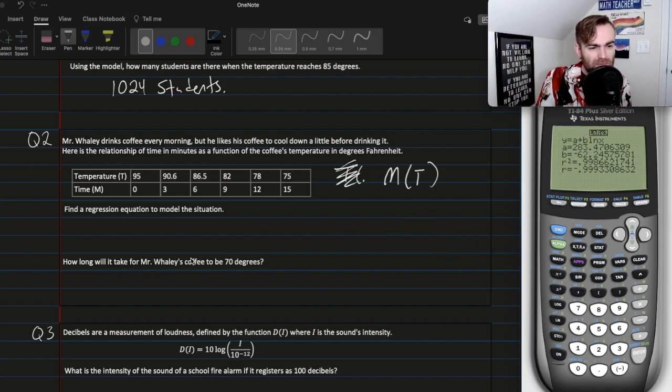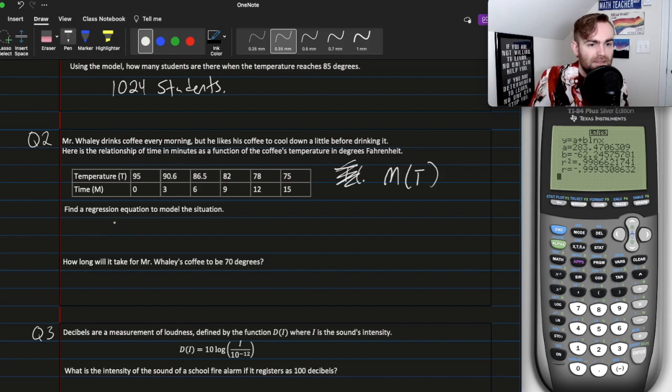And since it looks like we're making a prediction down here or using the data to do something, let's store the value because I didn't do that. So let's store this in variable y1 and have it rerun the calculation for us. So we're going to write it down just anyway so we have it. So we have m of t. It's good to use your variables for this.